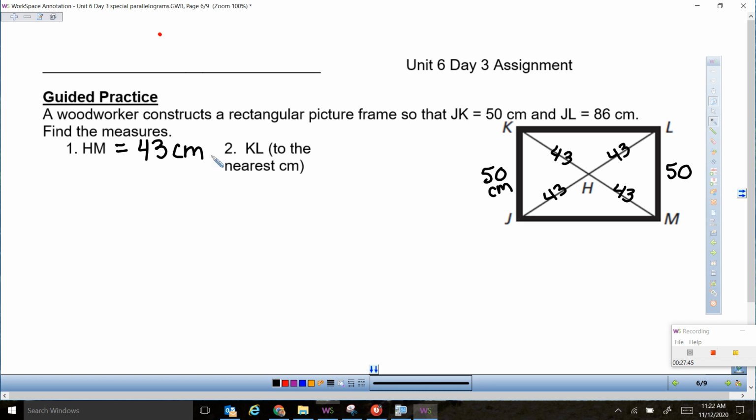Number two, we need to find KL. KL is the top. Do we have the top? No. But what we could use is a right triangle. So I'm going to make a right triangle in blue. And we're looking for KL, so I'm going to call that one X. The Pythagorean theorem is C squared equals A squared plus B squared.